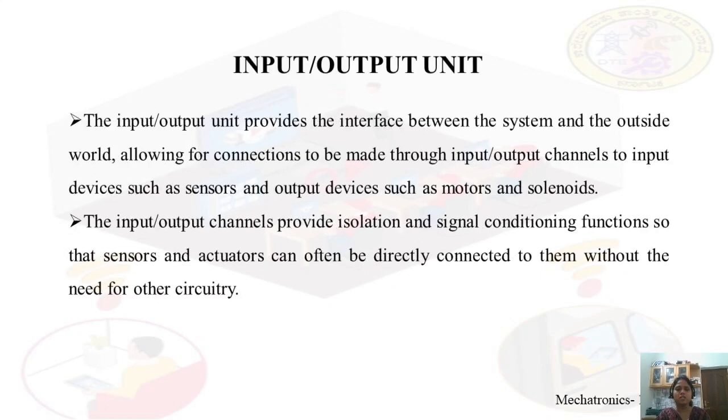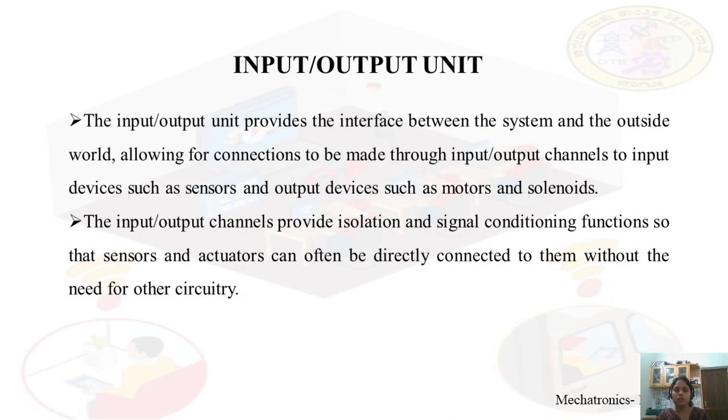And next one is the input output unit. The input output unit provides the interface between the system and the outside world, that is the real world. It provides the interface between your PLC and the real world, allowing connections to be made through input output channels to input devices. Input devices are sensing devices, that is sensors and switches.